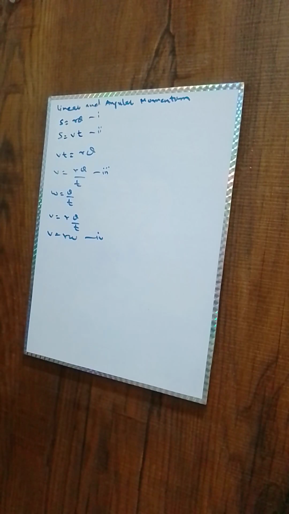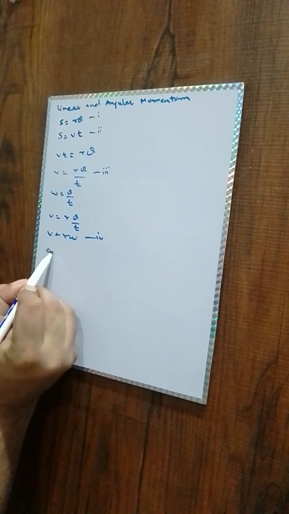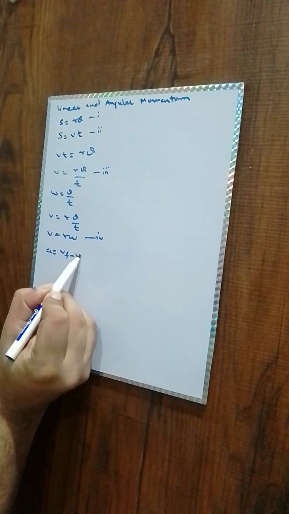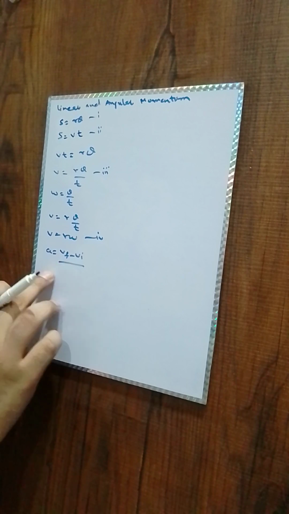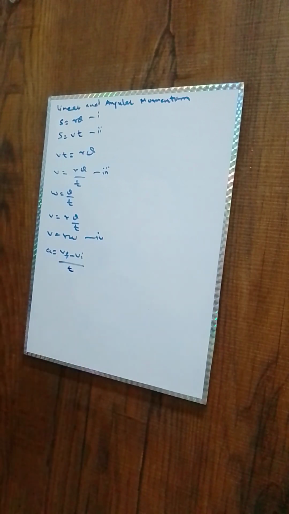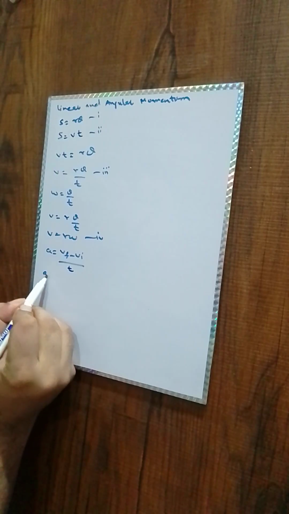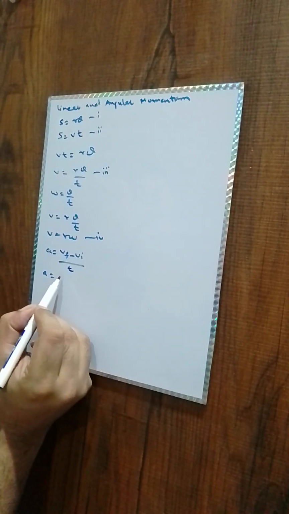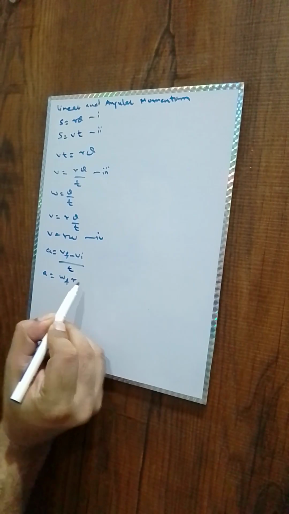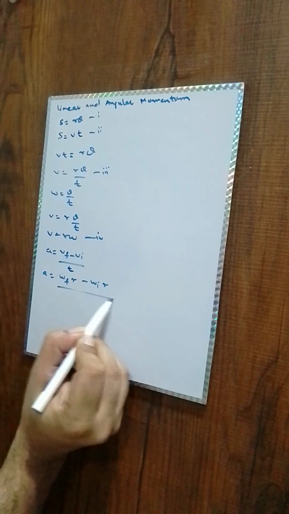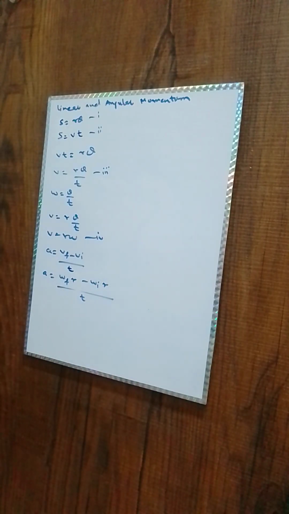Okay, and acceleration. Acceleration is basically the final velocity minus initial velocity by the change in time. So omega f r minus omega i r by t.